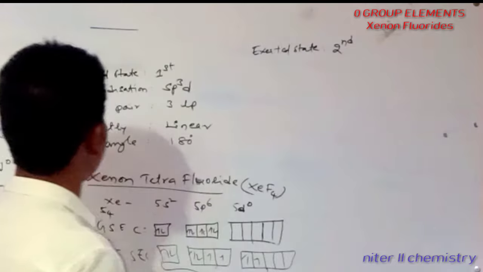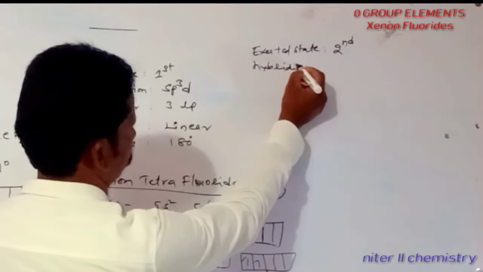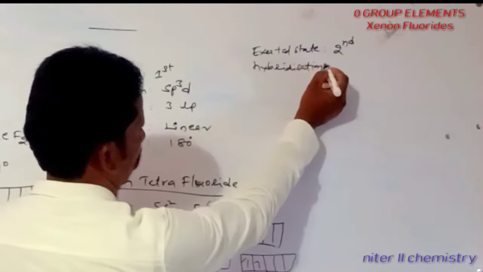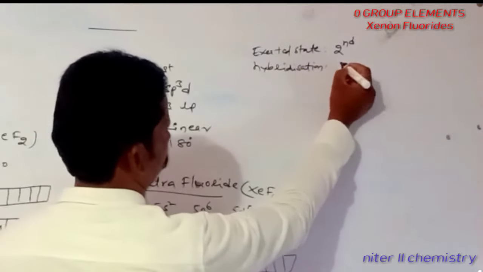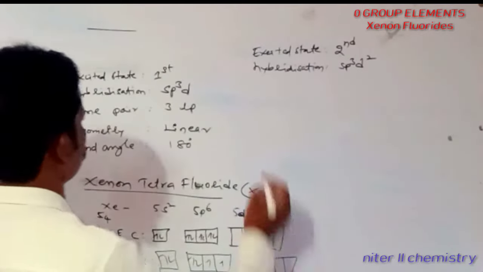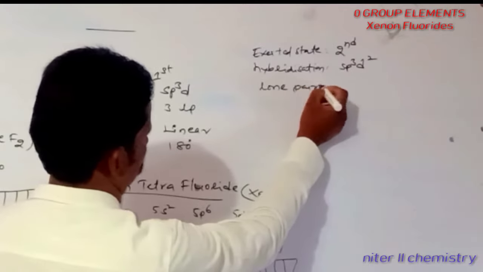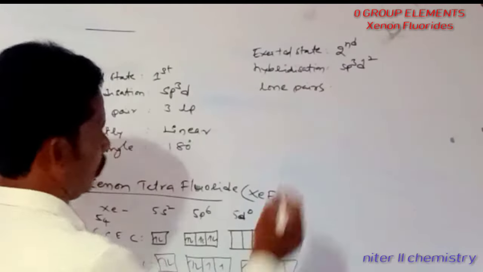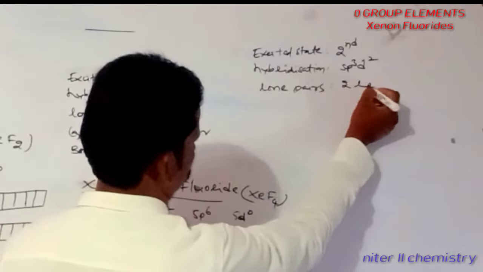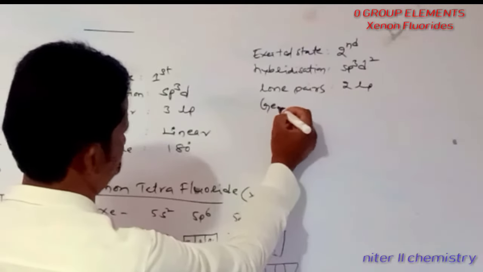Second excited state. And hybridization is sp3d2 hybridization. Lone pairs: how many lone pairs are there? 2 lone pairs. And the third point is geometry.